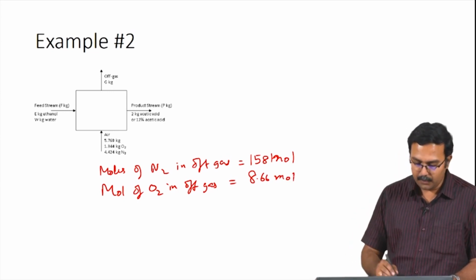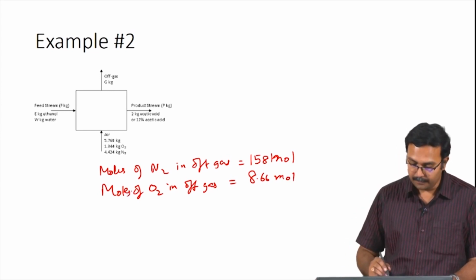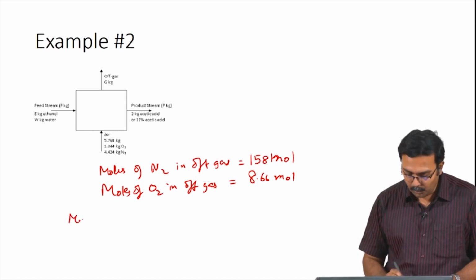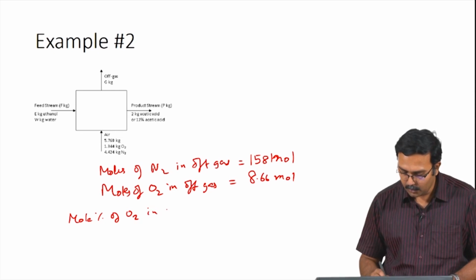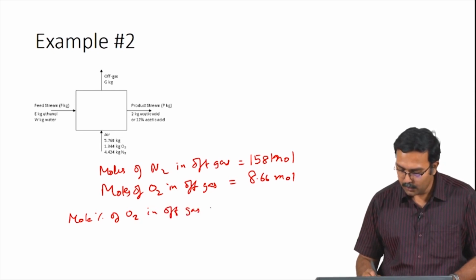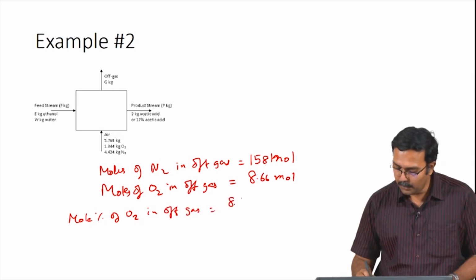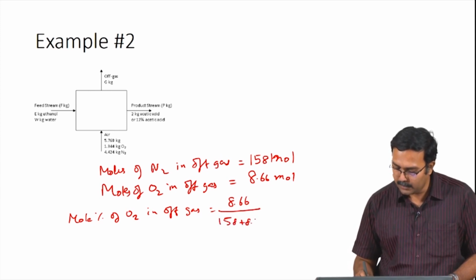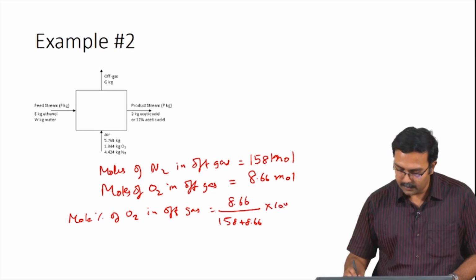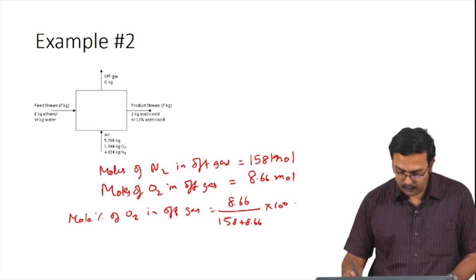You can perform these conversions to confirm these numbers. So, mole percentage of oxygen in off gas would be equal to 8.66 divided by 158 plus 8.66 times 100, giving you a value of 5.2%.